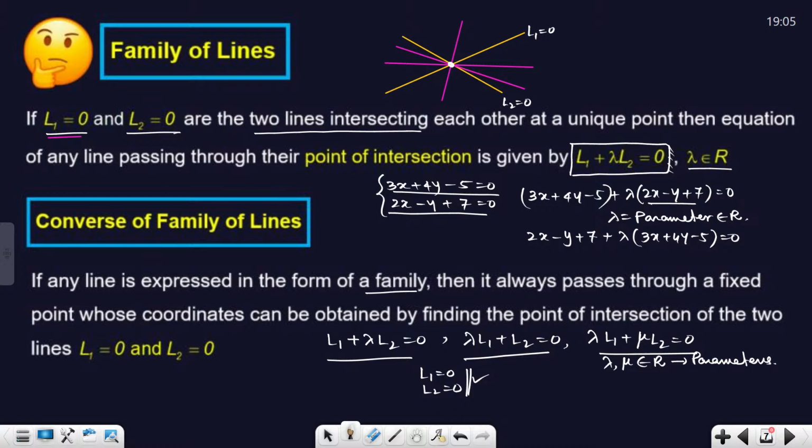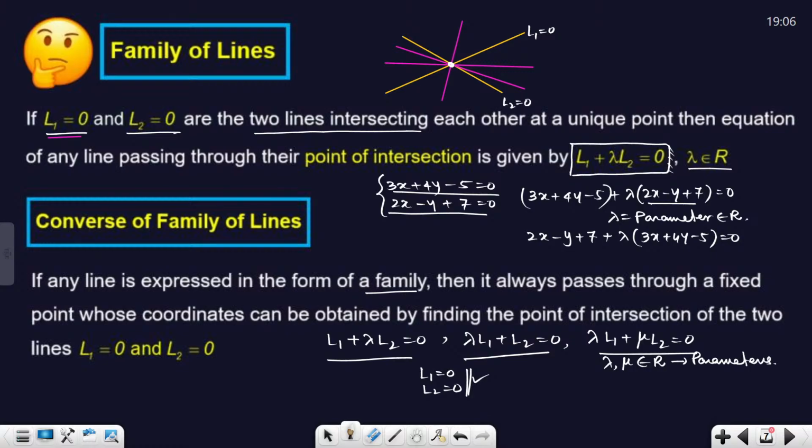So we must remember these two things: when two lines are given to us, then any line passing through the point of intersection of these two given lines is L1 plus lambda times L2 equals to 0. Or if any line is expressed in the form of a family like this, L1 plus lambda L2, or lambda L1 plus L2, or lambda L1 plus mu L2, whichever way, these are all forms of a family of lines.